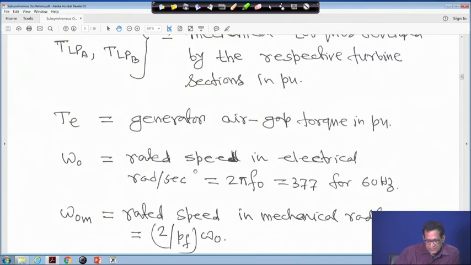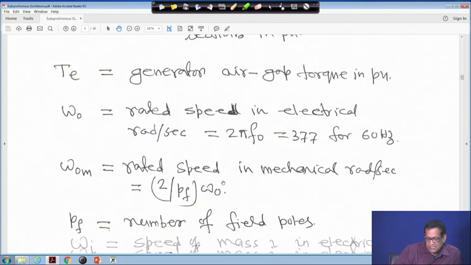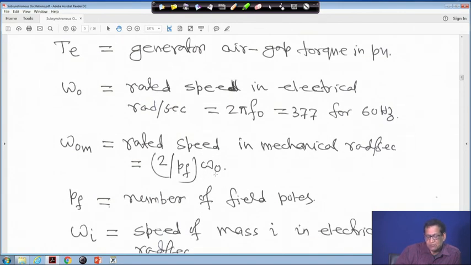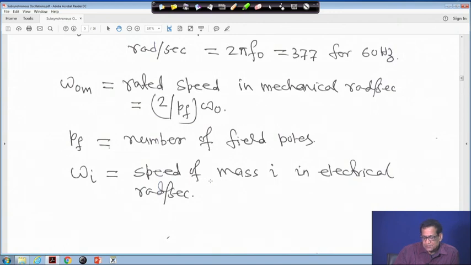And omega 0m is the rated speed in mechanical radians per second, which we have seen before, that is 2 upon Pf into omega 0, where Pf is the number of field poles. We saw this in the beginning when studying the synchronous machine. And omega i is the speed of mass i in electrical radian per second.